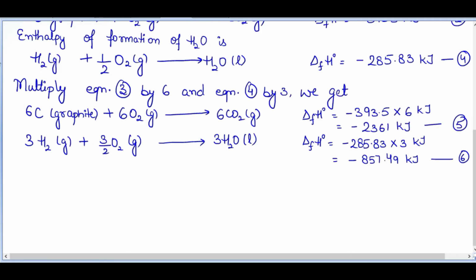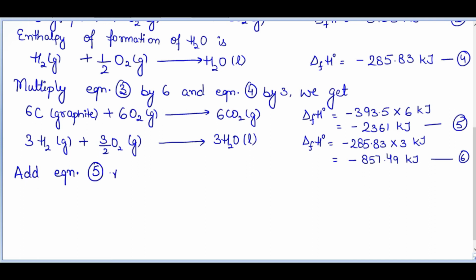Add equation 5 and 6. So you just write add equation 5 and 6.